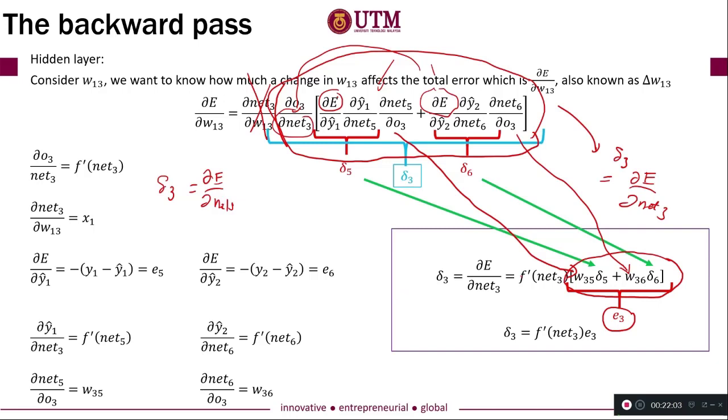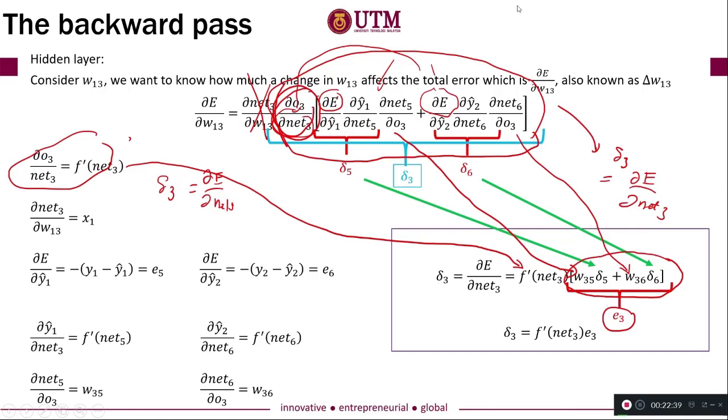And then this F apostrophe net 3, where does it come from? It comes from this component, del O3 over del net 3, which is this one. That is where the F apostrophe comes from.